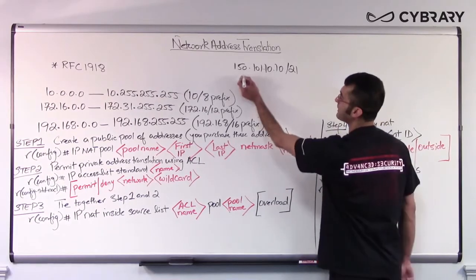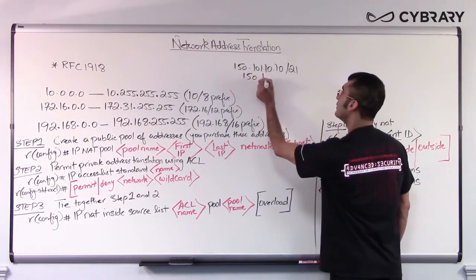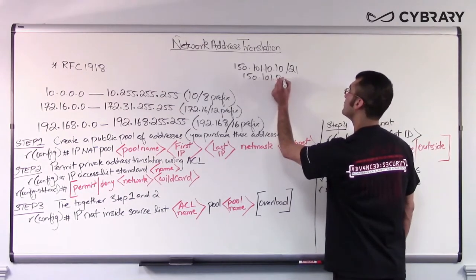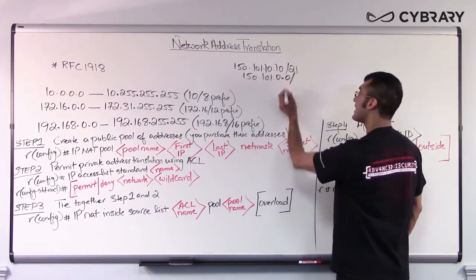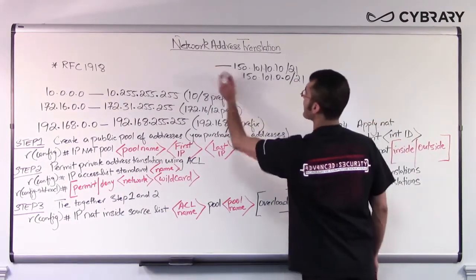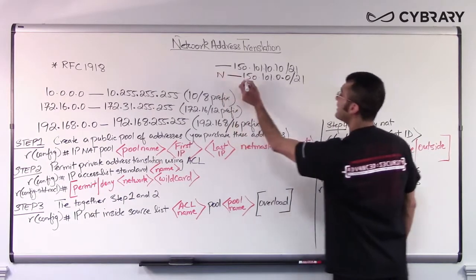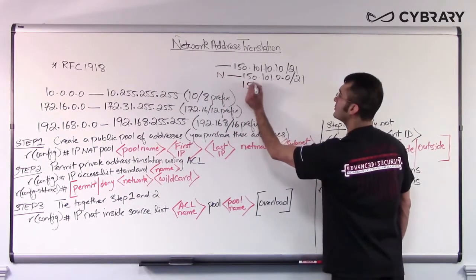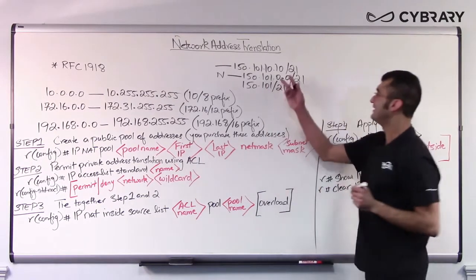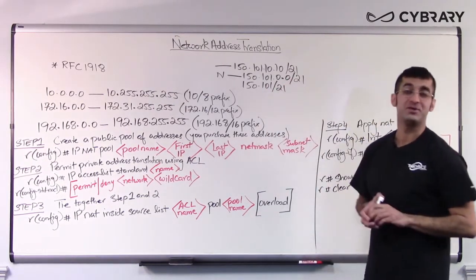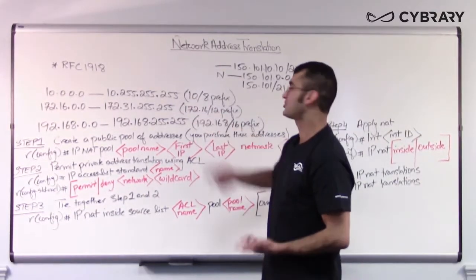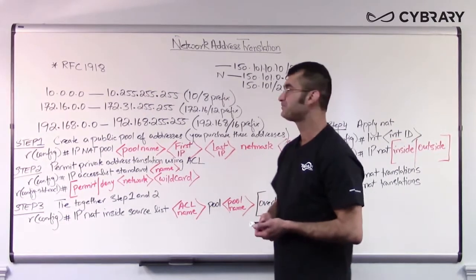I can depict this as 150.101.0.0/21, so this being the IP address, this being the network address, and I can even shorten it further to 150.101/21, leaving out the last two octets because they're zeros anyways. So if you ever see an address depicted like that, just assume the rest of the fields are zeros.